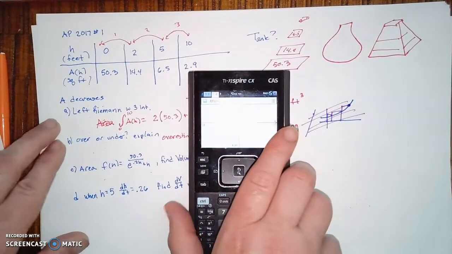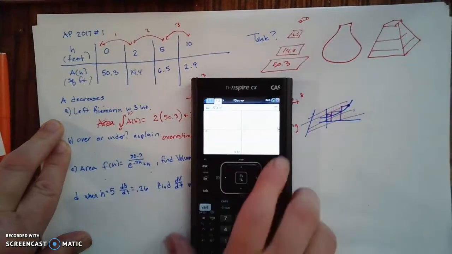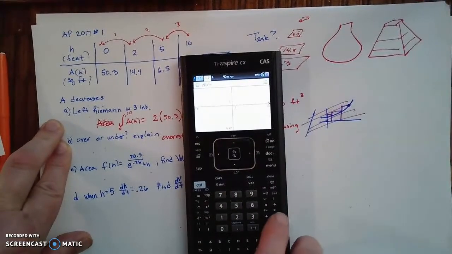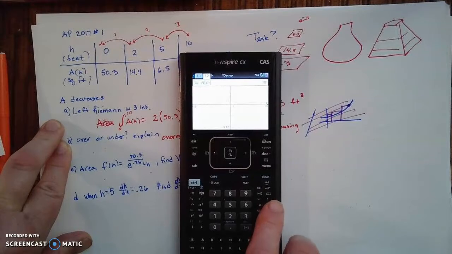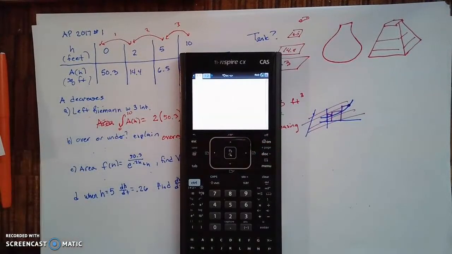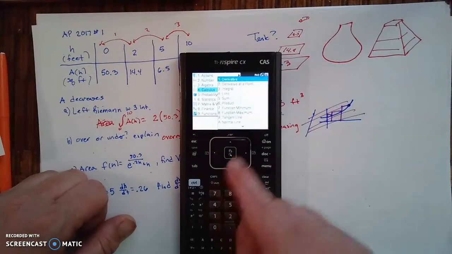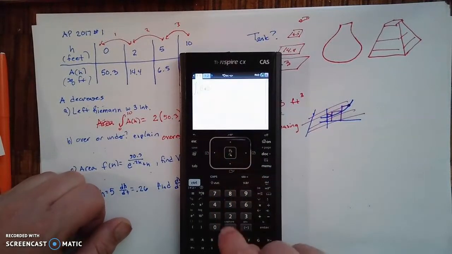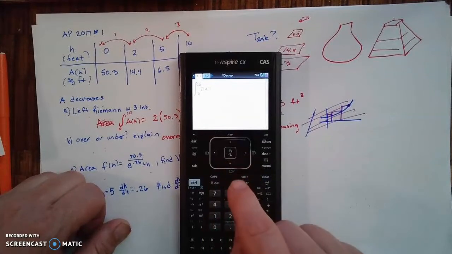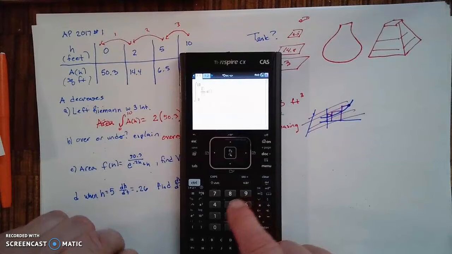Let me turn off my little light here for a moment so we don't get the glare. Focus. Okay, I'm going to go to my calculator page, Control plus, and I'm now going to do an integral. Menu, calculus, integral. It's going to go from 0 to 10. And I'm going to put in the function they gave me right here. I'm going to make a fraction. It's 50.3.